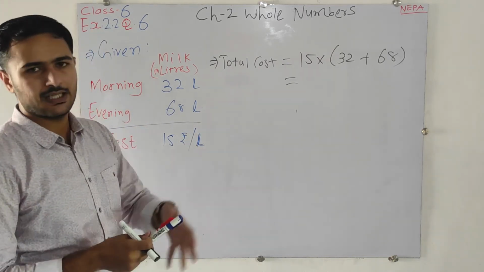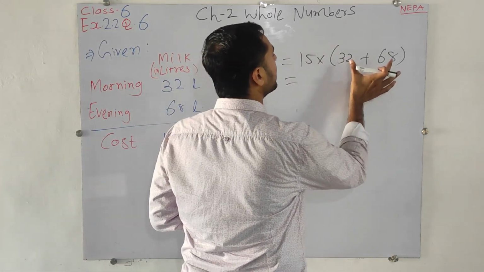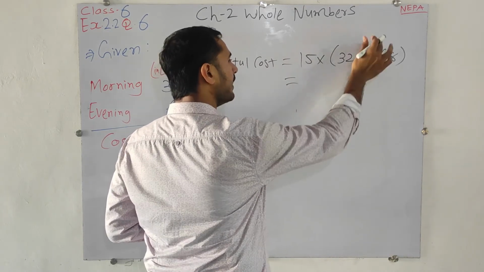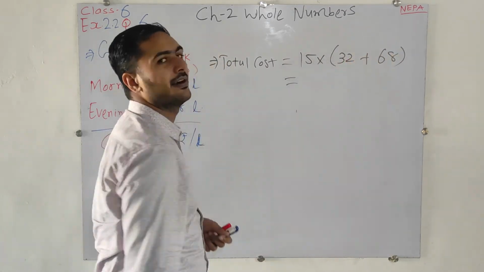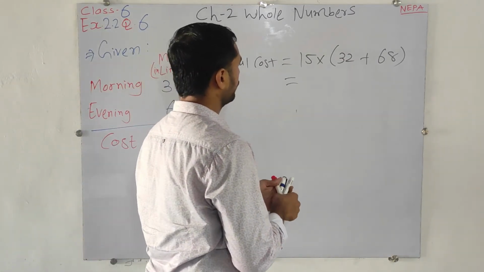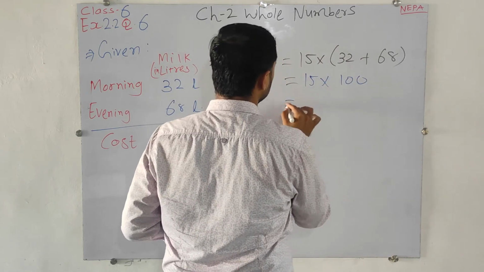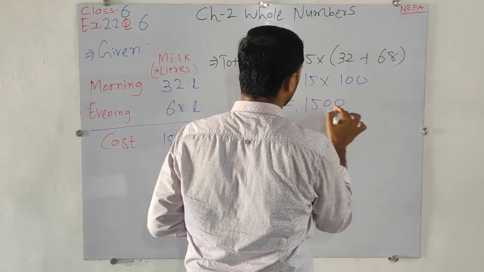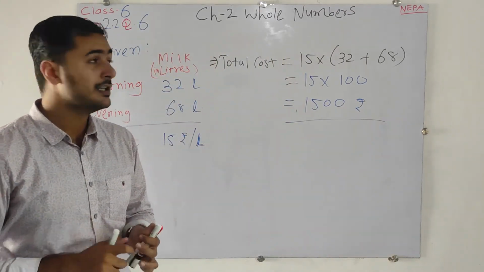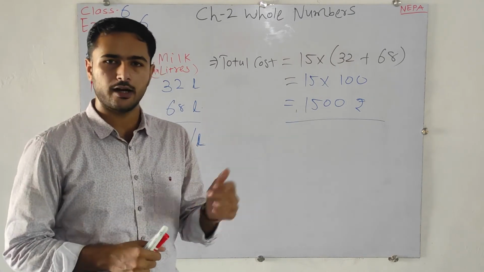But this method is really very easy, because see the magic here: 8 plus 2 is 10, 1 carry, and that will be 100. That's why I'm using this method. So the answer is 15 multiplied by 100 equals 1500. This amount is due for 1 day for the vendor. Okay, so we just completed question number 6. Pause the video and note it down.